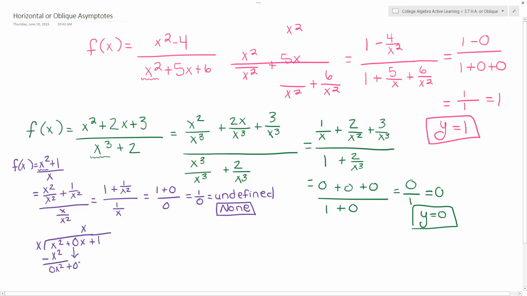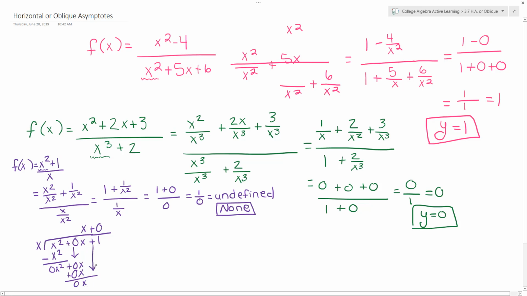So basically we're taking x and dividing it into 0. Well, x doesn't go into 0, it goes in 0 times. And so 0 times x is just 0x, or just 0. And again, I'm just writing in the x's to keep our placeholders lined up. I don't need to. I could just write 0 here.